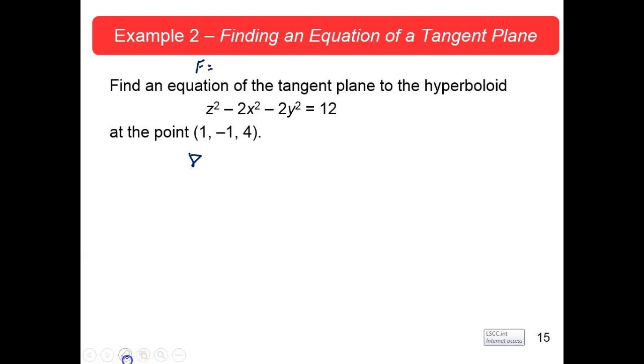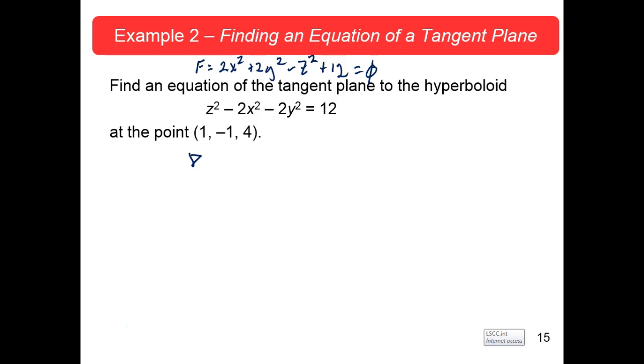Okay? I hope this is okay with you. I'm going to make it 2x squared plus 2y squared minus z squared plus 12 is equal to 0. That's your function. You have to have it equal 0.